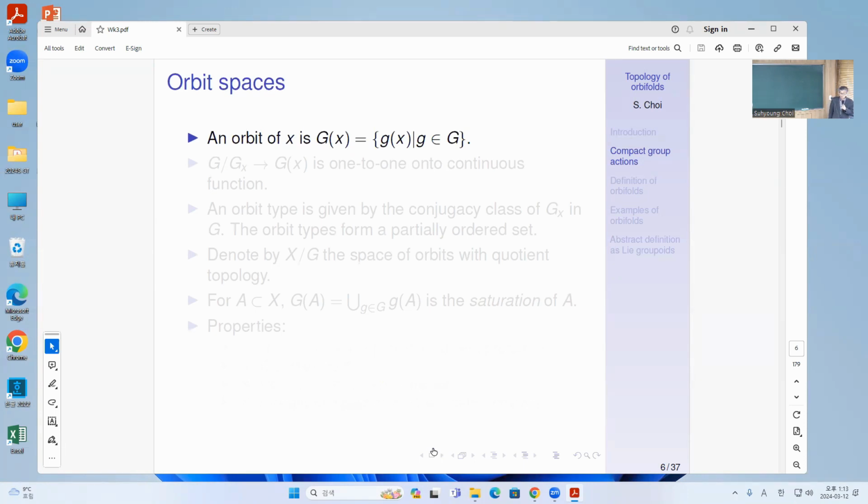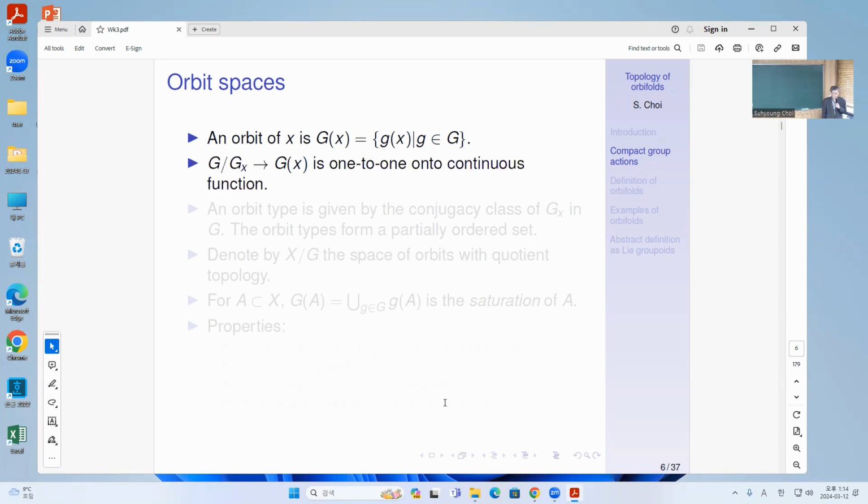And the next important thing is the orbit space. You take any x, and Gx is the image of x under the maps, all the elements of G. So you fix x, and then you look at all the images as you vary the elements of g. Okay, so that's the orbit.